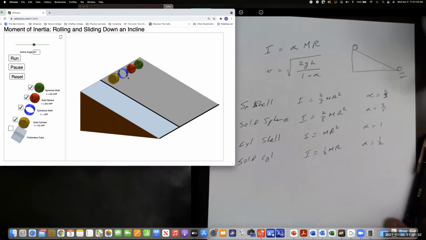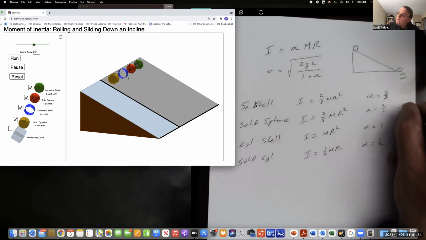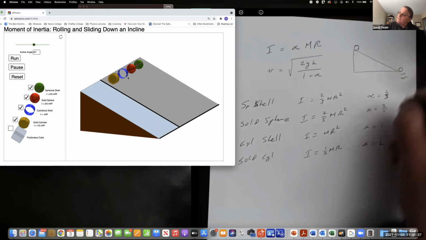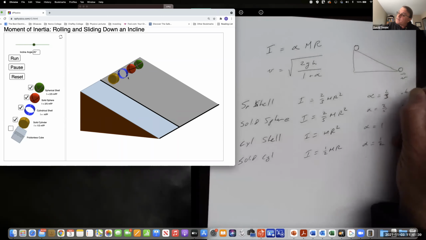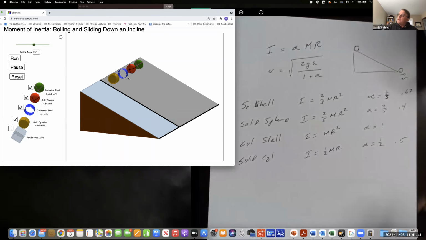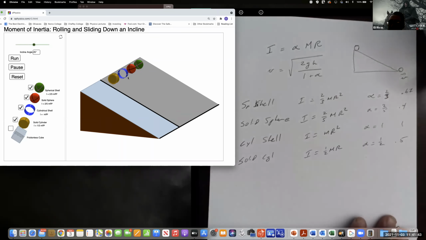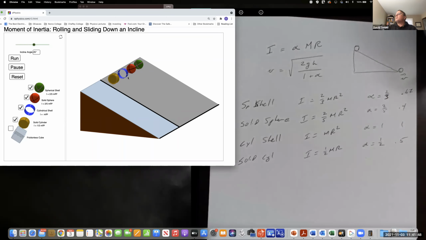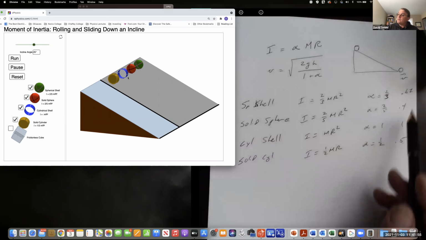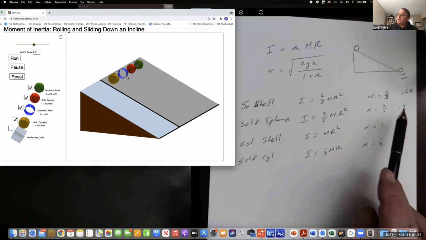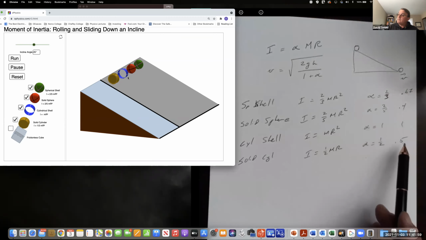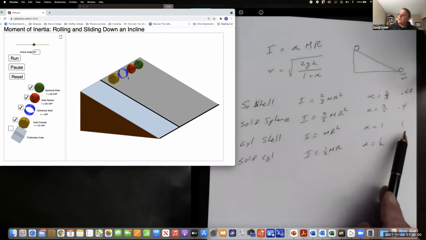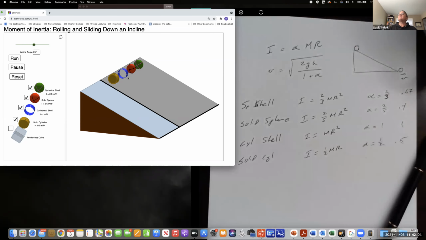I think the 2/5. So this is 0.4, this is 0.5, and this is approximately 0.67. And this is 1. So the order they should reach the bottom, this will have the highest velocity, which makes me believe it'll reach the bottom first also. Then this one, then this one, then this one. So we should go solid sphere, solid cylinder, spherical shell, and cylindrical shell.